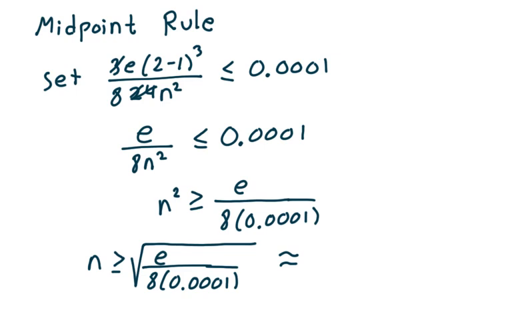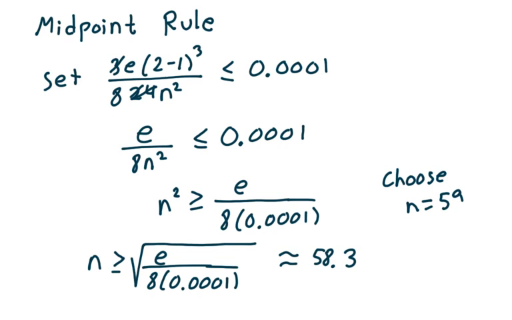The answer is approximately 58.3. And so I can choose n to be 59, something just a little bit bigger. Remember, n is a natural number.